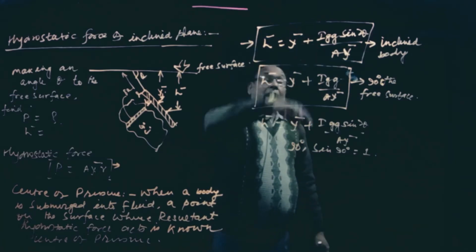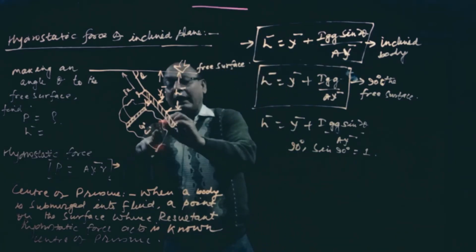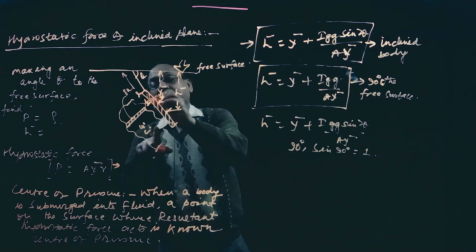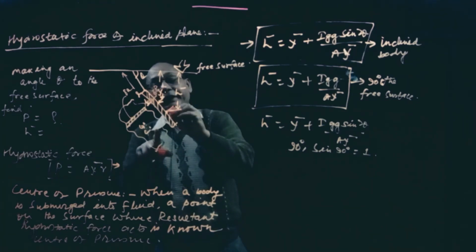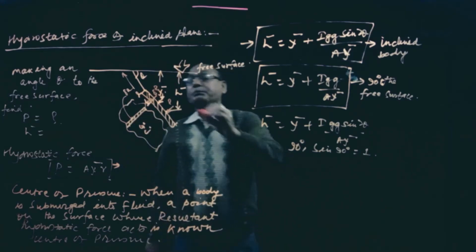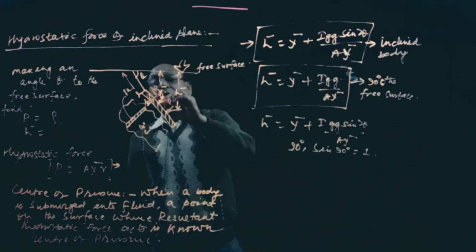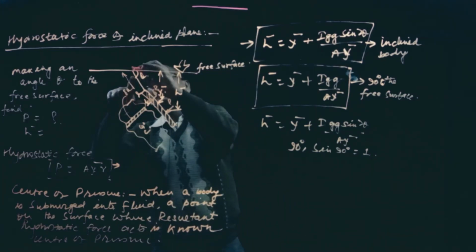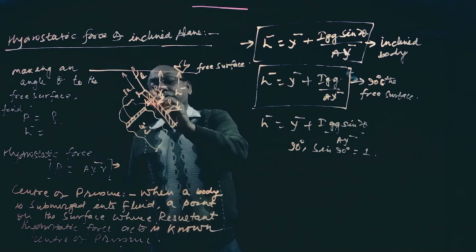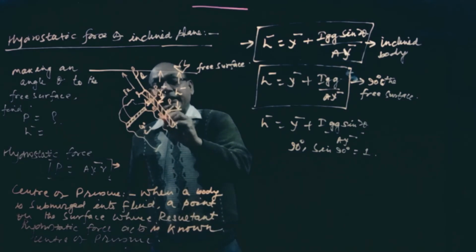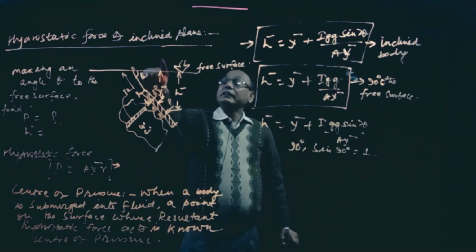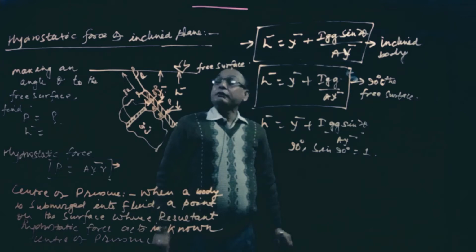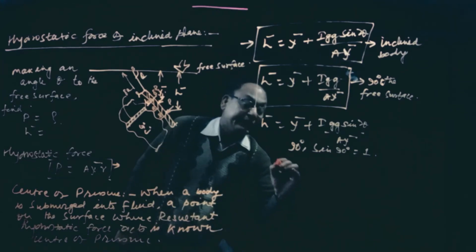And how we derived this: after taking the moment, this is for delta p and this is for P. Suppose this is the angle; we have to consider a right angle triangle. Suppose this is O, and we call the other points A and B. This is the perpendicular distance.